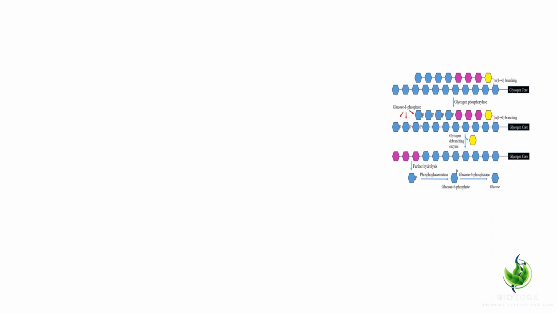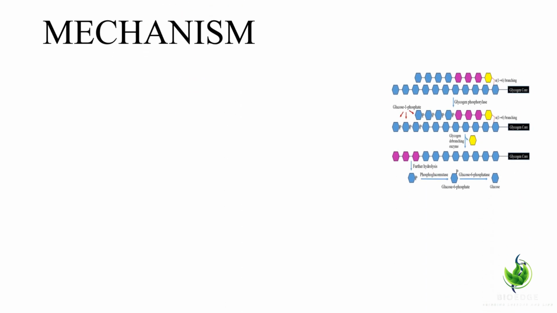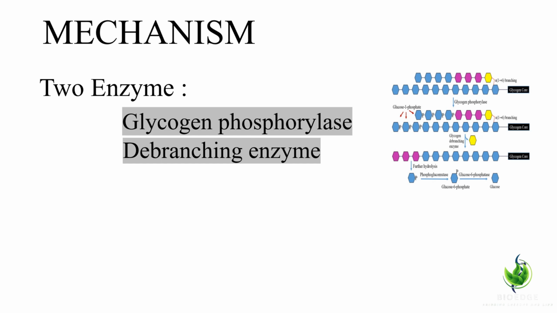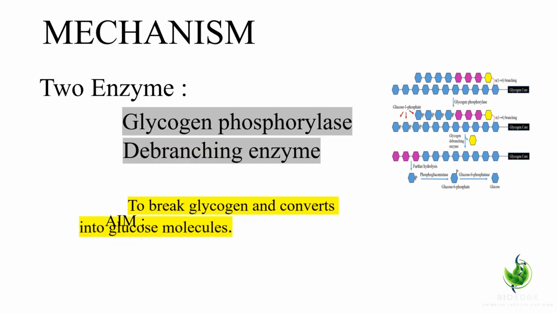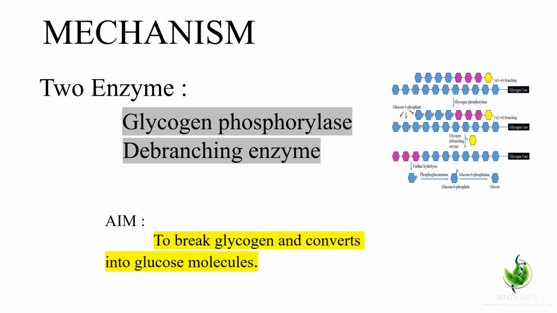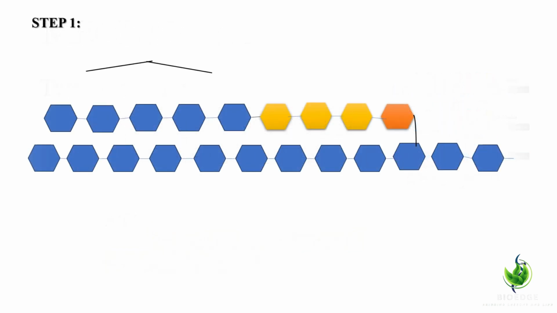In the glycogenolysis mechanism, mainly two enzymes are involved. They are glycogen phosphorylase and debranching enzyme. Their aim is to break the glycogen and convert it into glucose. Step 1. Glycogen phosphorylase.